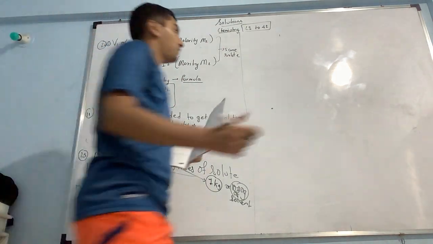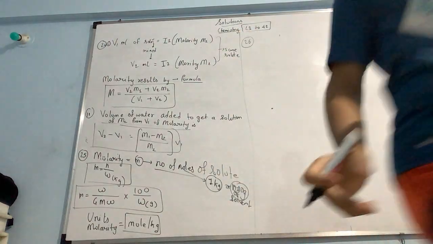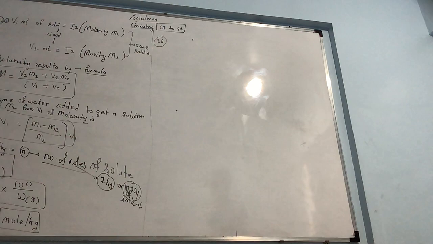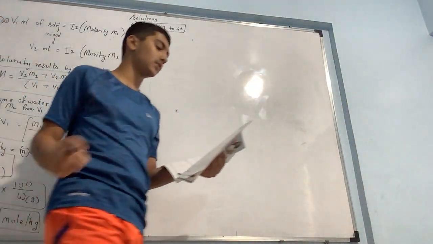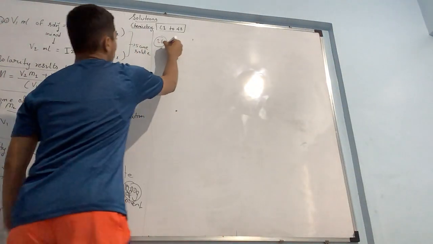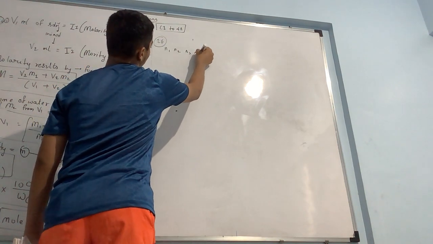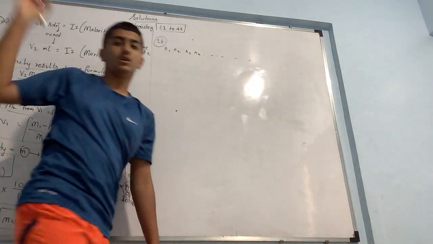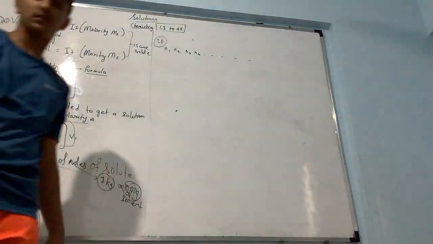Then the 26th point says that the ratio between the number of moles, N1, N2, N3, N4 and so many. I'll turn off this slide and turn on this slide, now you can see properly.